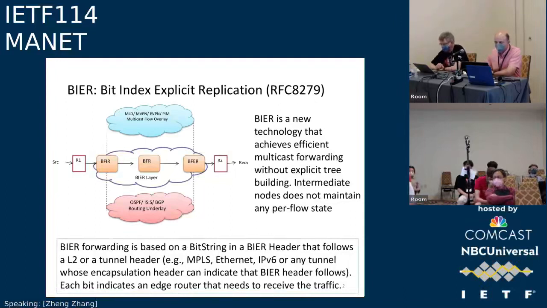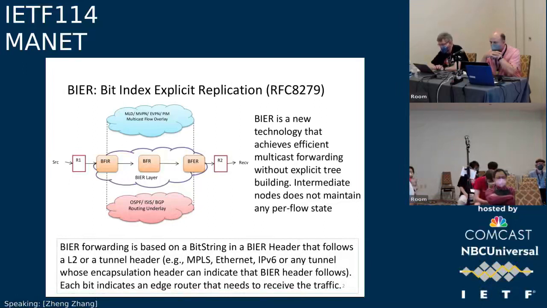The multicast forwarding in BEER doesn't depend on the IP header, which has the multicast destination. It depends on the new BEER header. BEER forwarding is based on a bit string in the BEER header that follows a layer 2 or a tunnel header, for example, MPLS, IPv6 or any other, whose encapsulation header can indicate that a BEER header follows.